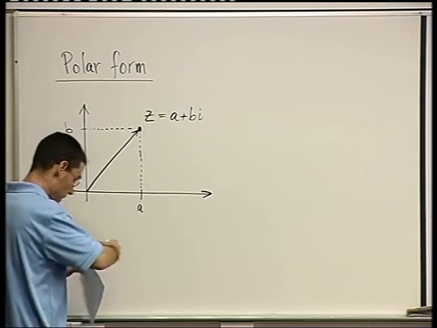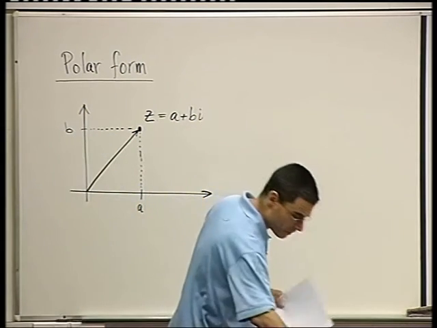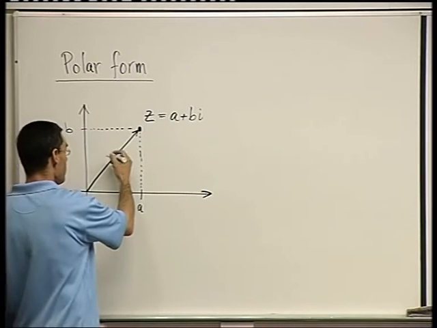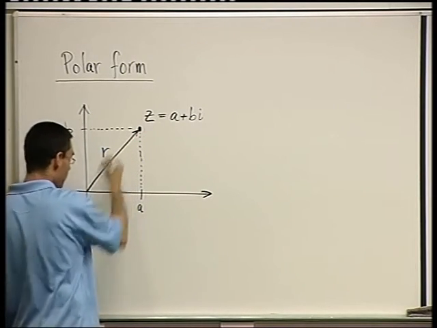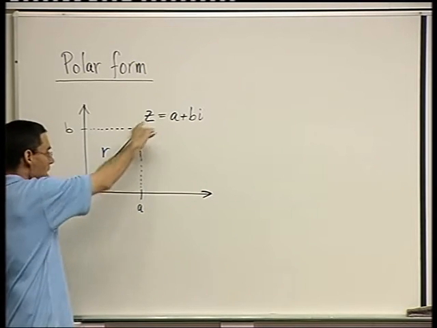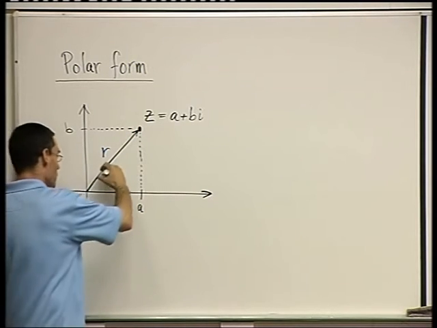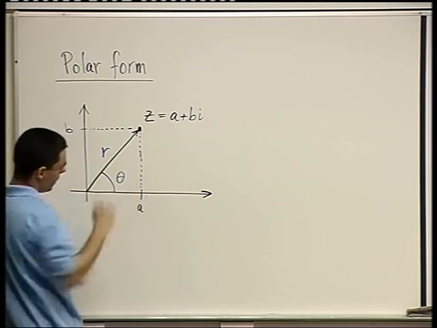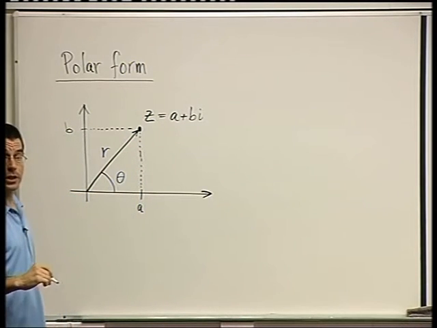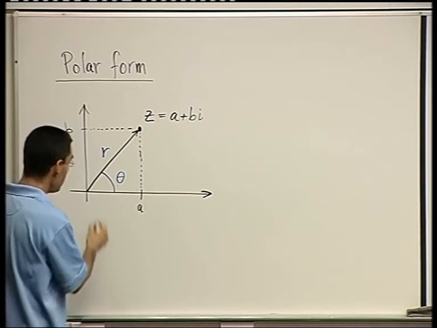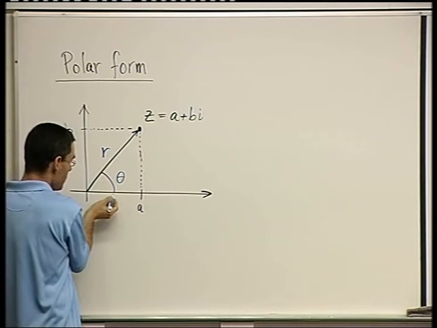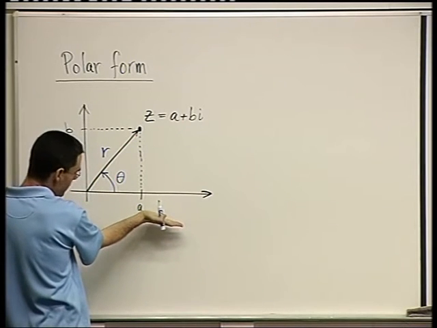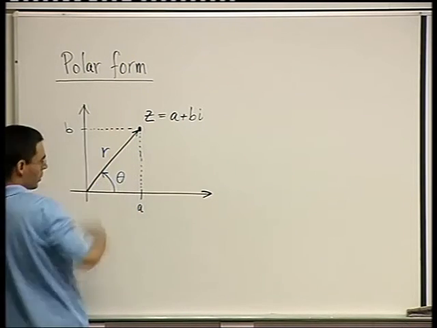But what's important is that when we draw this vector, it can be presented in terms of what we call r, where r is the length of the vector, and what we call theta, where theta is just the Greek letter t, lowercase here. Theta is just the angle measured from the positive x-axis counterclockwise.